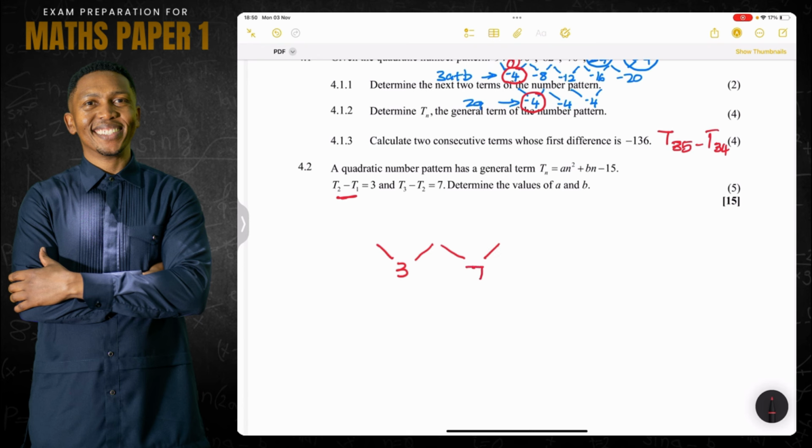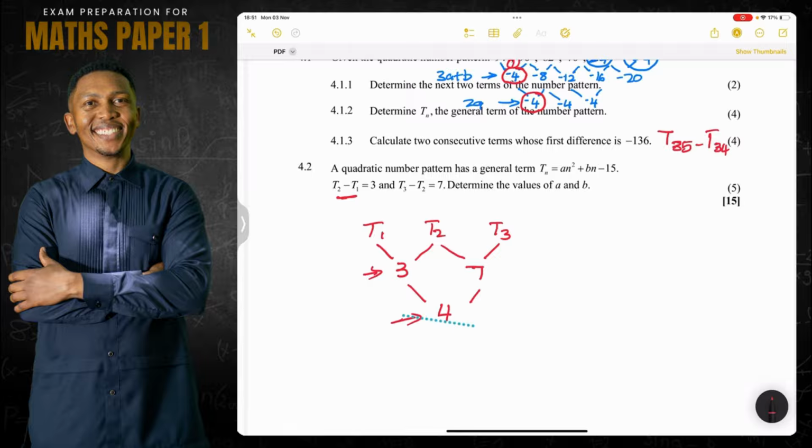Okay, T3 minus T2. So that's term 1, that's term 2, that's term 3, right? Now, 7 minus 3 would give us 4. So now we know what is our first term of our first difference.